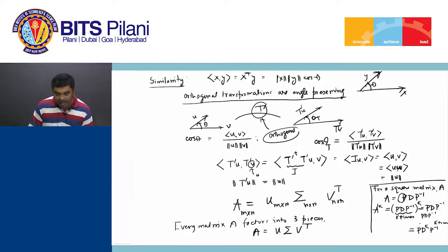Now this is the representation that we are going to use in SVD, where this guy U is orthogonal, this guy V is orthogonal, okay, all right, and the guy in the middle, the matrix, is a diagonal matrix.